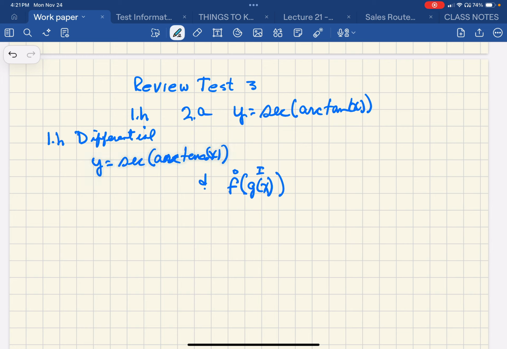If we want to take the differential of that, it's going to be first the differential of the outside function times the differential of the inside function.